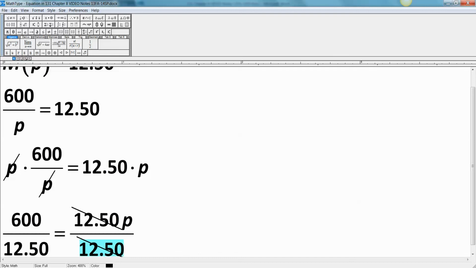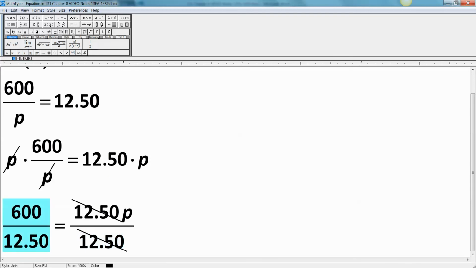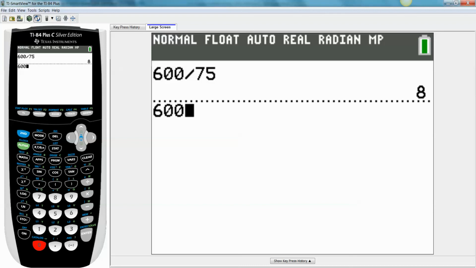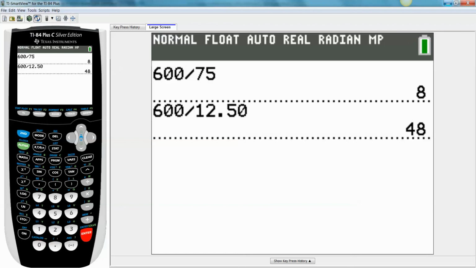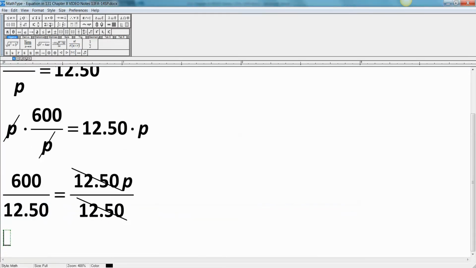I need my calculator to find what 600 over 12.50 is. 600 divided by 12.50 will be 48 players. So P is equal to 48 players. And we're done.